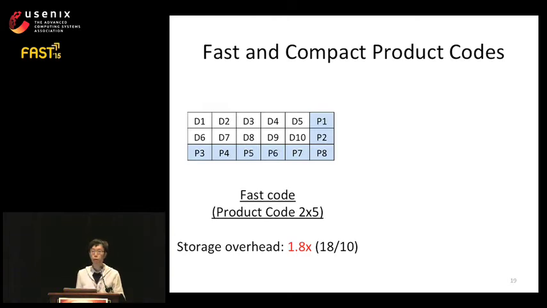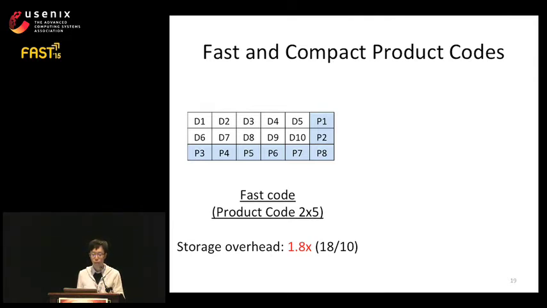So here I show you a fast product code, which we call a 2x5 product code. This code will group every 10 blocks into a 2x5 matrix and compute horizontal and vertical parities from these data blocks. Here, the horizontal parities, for example P1, is computed by taking the XOR of the data blocks on the same row.